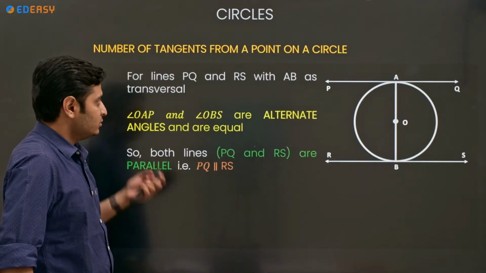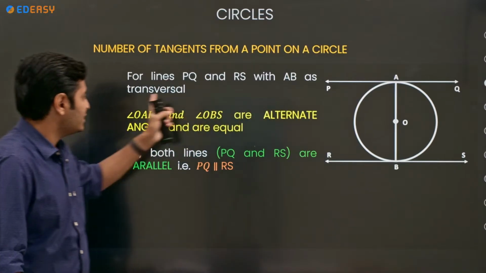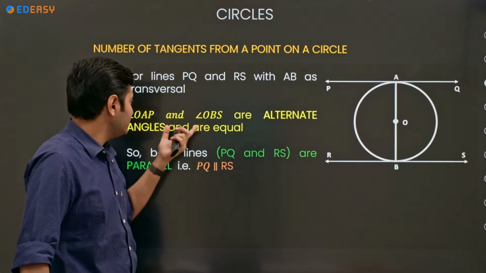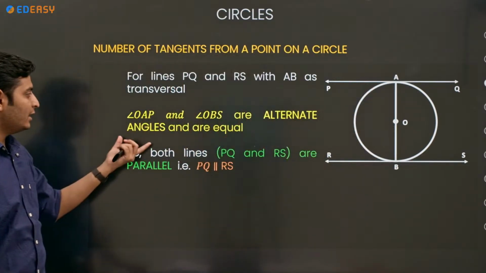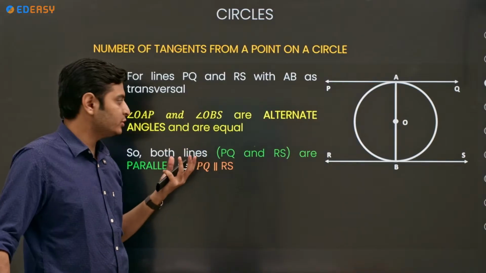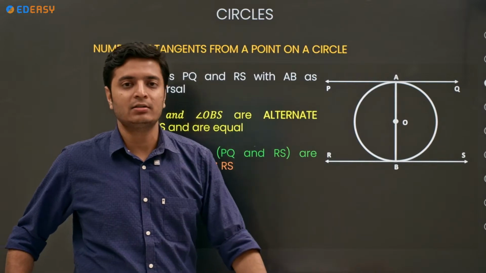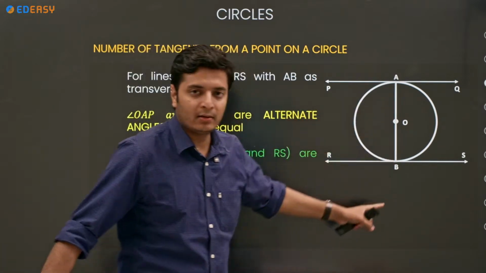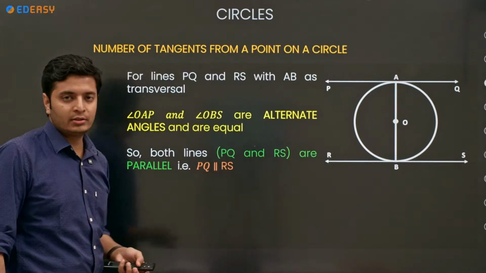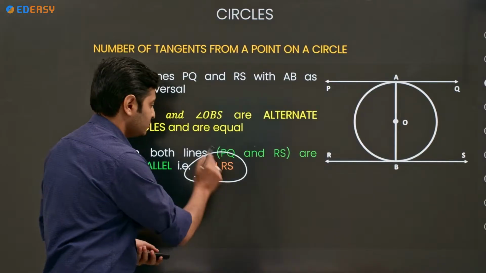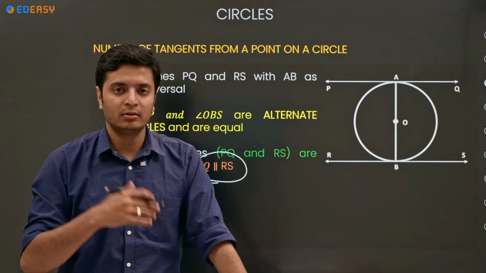Correct? So this is what we need to prove. For lines PQ and RS with AB as transversal, angles OAP and OBS are at alternate interior angles position, and they are equal also. This is only possible in a very special case when the lines are parallel. So both lines PQ and RS are parallel to each other, or simply you can write it like this: PQ parallel to RS. So this is how you can prove this problem.